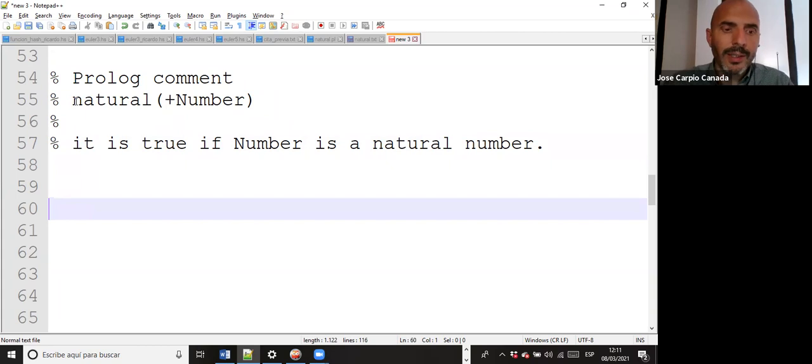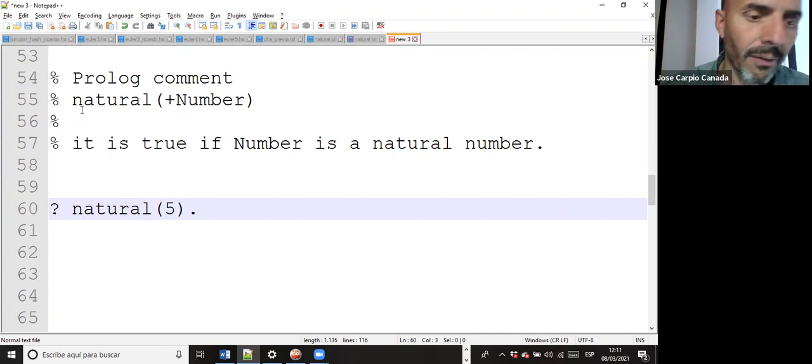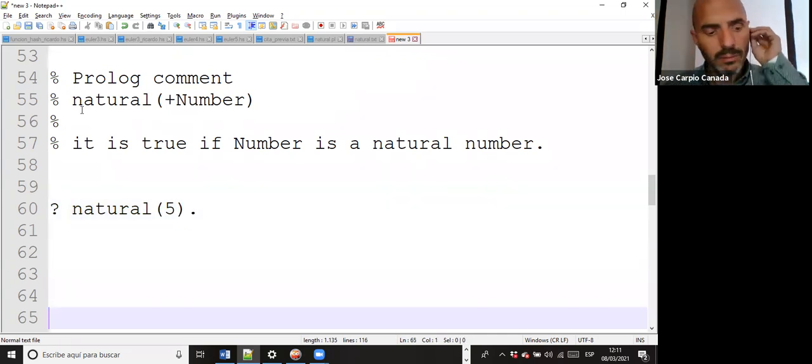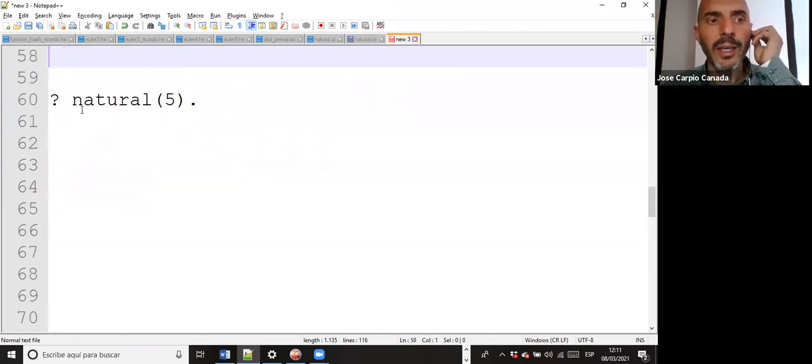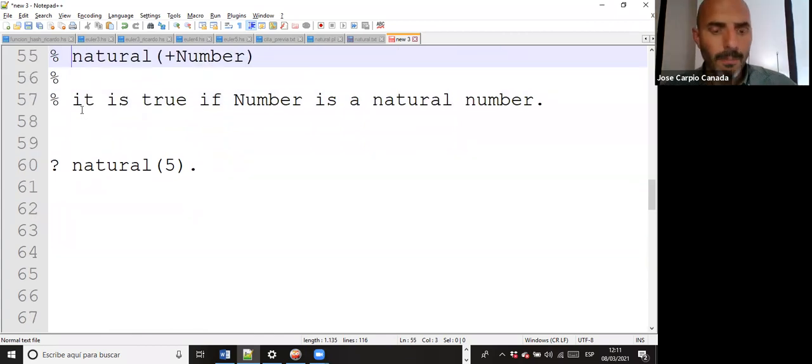For example, we can ask natural, the number 5. We can ask Prolog, hello Prolog, tell me, is 5 a natural? Prolog will say yes or no. What do you think Prolog will say to this question? Is number 5 natural or not?